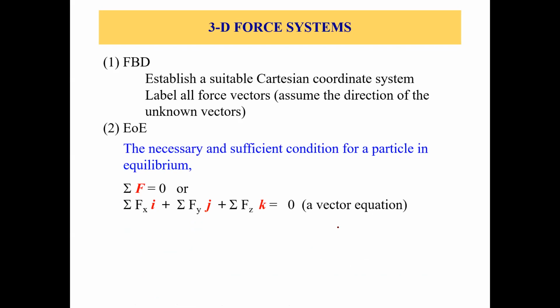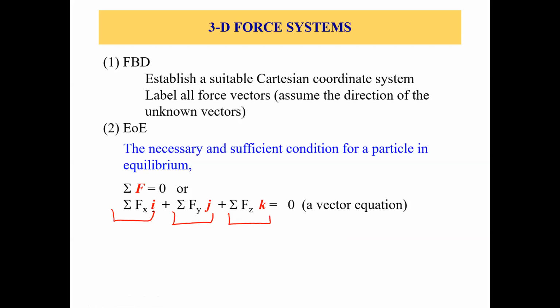So for a 3D force system, for a particle, we have 3 equations: sigma Fx equals 0, sigma Fy equals 0, and sigma Fz equals 0. All of these 3 are vector equations because we need to use the Cartesian coordinate system as we are working in 3D space. So sigma Fx times i, sigma Fy times j, and sigma Fz times k equals 0. This is the only difference between 2D and 3D force systems.